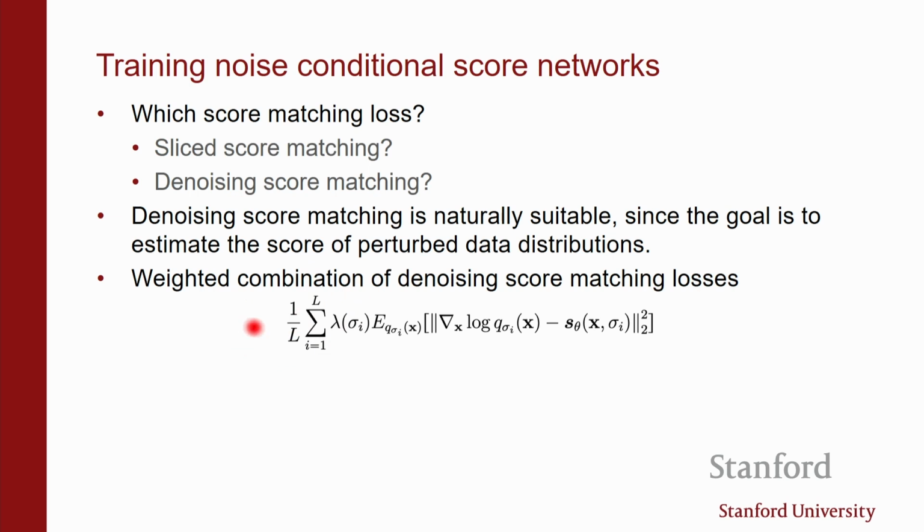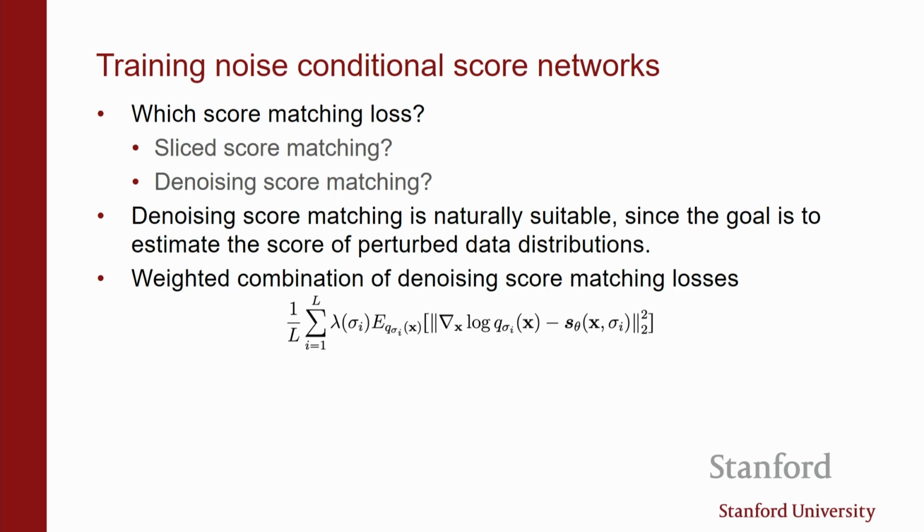So if you have L noise levels, this noise conditional score network should be able to solve all these different regression problems as well as possible. And so there is a lambda sigma i parameter here that basically controls how much you care about estimating accurately the scores at different noise levels.